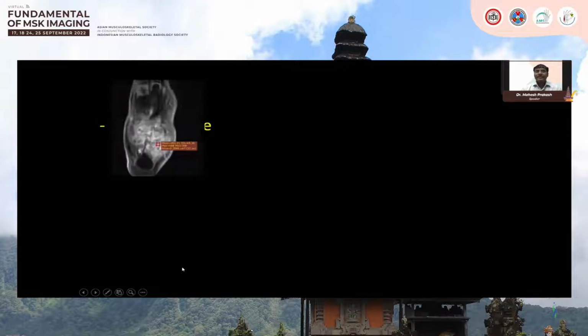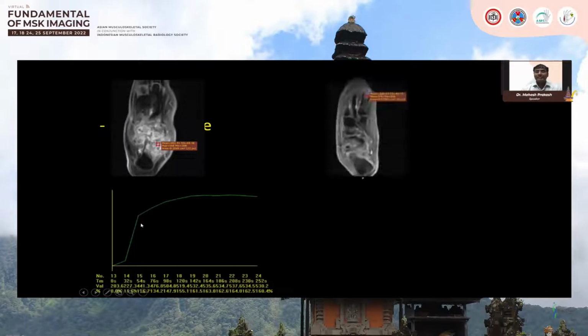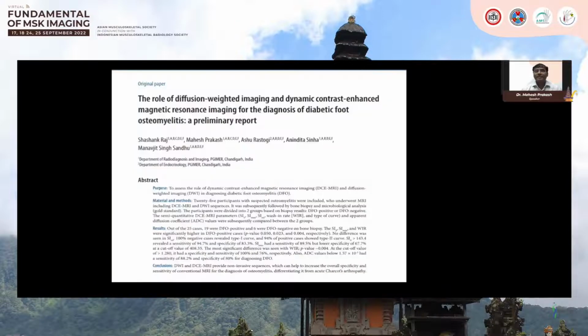This is one of the cases where, in osteomyelitis, we can see an early wash-in in comparison to Charcot arthropathy. There is a slow increase in the wash-in rate of the contrast. So people have used these sequences also to differentiate osteomyelitis versus Charcot arthropathy.